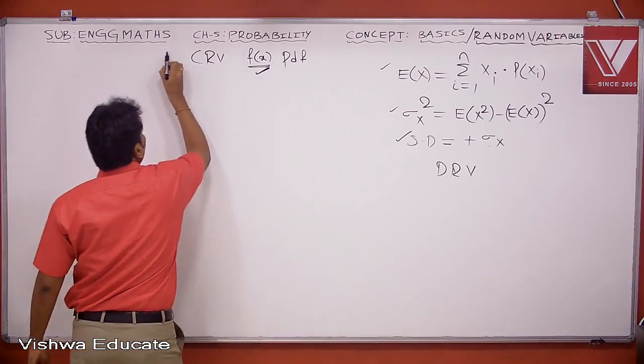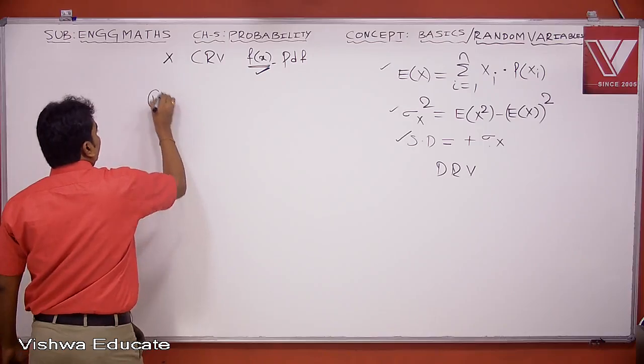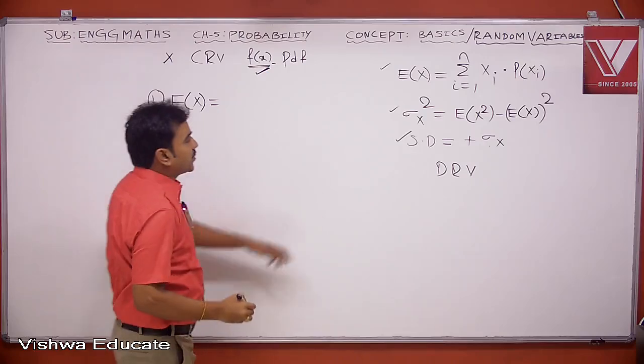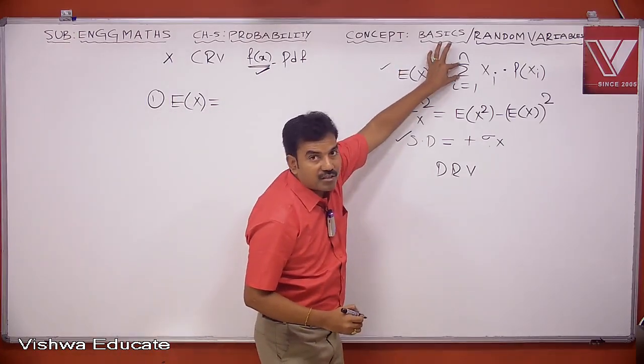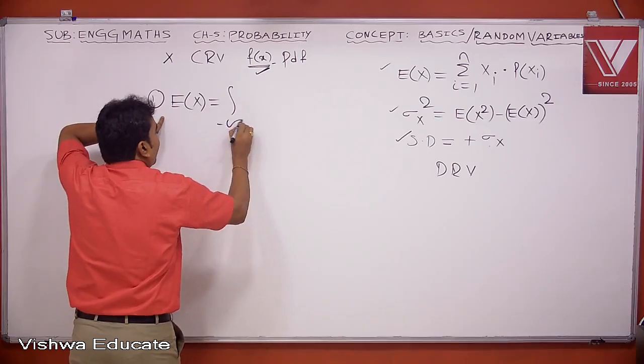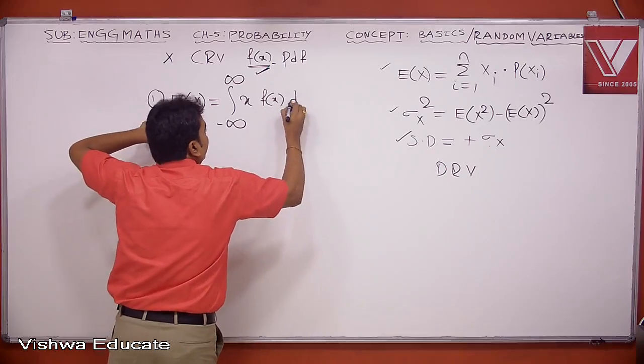Therefore, when x is a continuous random variable with a PDF f of x, what is the expectation of x? In the case of a discrete random variable, this is a summation. But in the case of a continuous random variable, it is the integral from minus infinity to plus infinity of x into f of x dx.